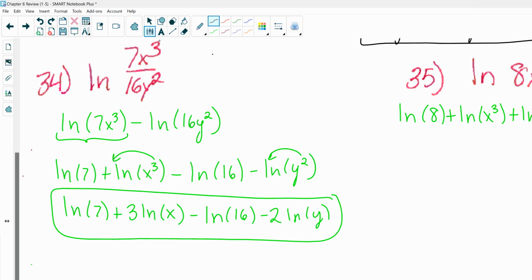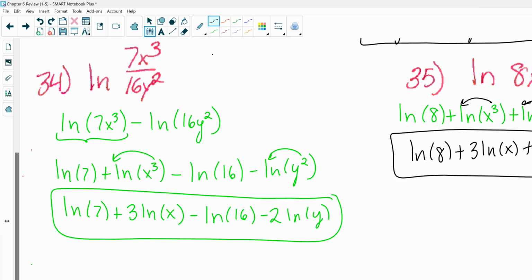Now from here, we can go to our powers and we can move them to the front. So it'd be ln of 8 plus 3 ln of x plus 2 ln of y plus 4 ln of z. And that's it.